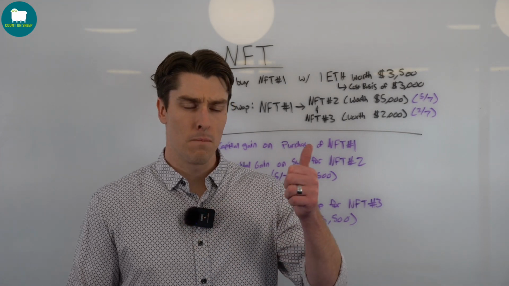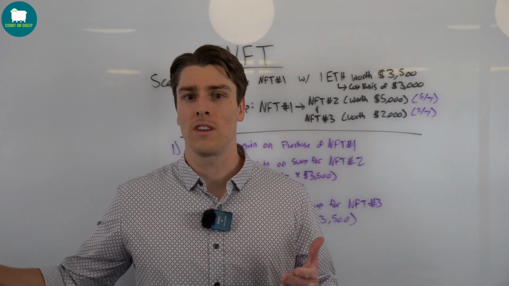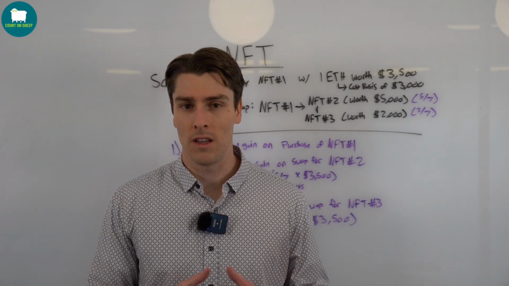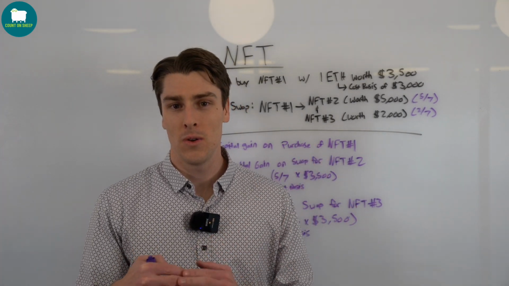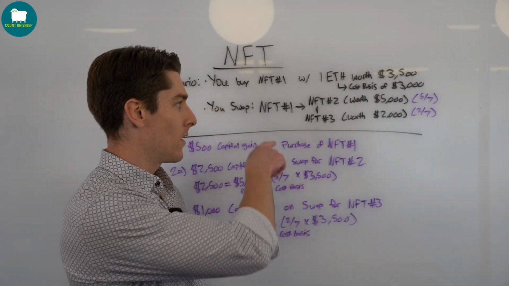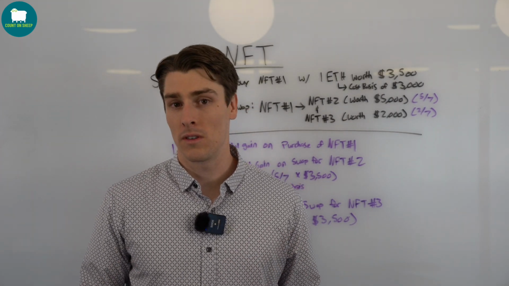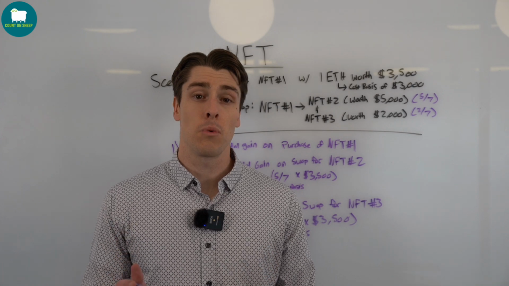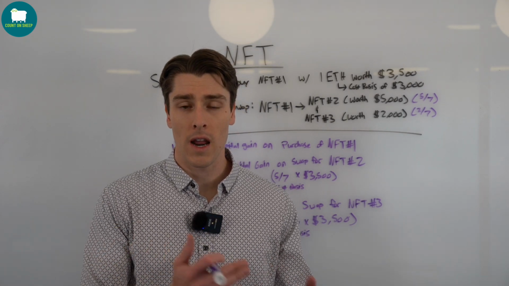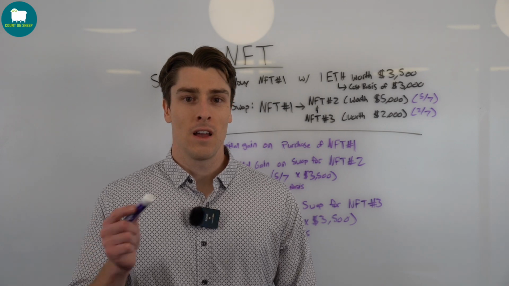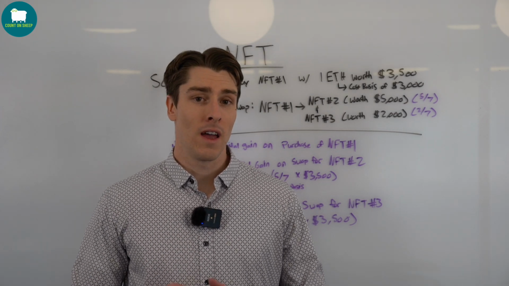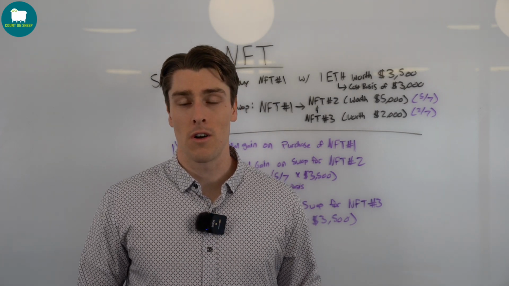He was swapping like a Bored Ape and a CryptoPunk for 13 different NFTs, smaller NFTs, and we had to then go break down each piece of consideration, value them all, make sure that we were allocating the cost basis correctly. It was a whole ordeal, but it's very important that you do this so that when you report it on your 8949, all the numbers are correct, and in the event of an audit, his documents are bulletproof now, and there's going to be no pushback from the IRS.